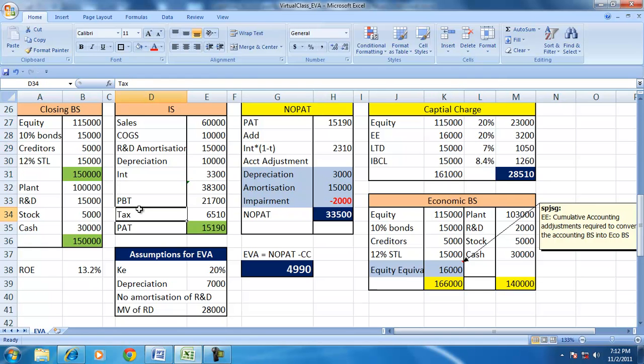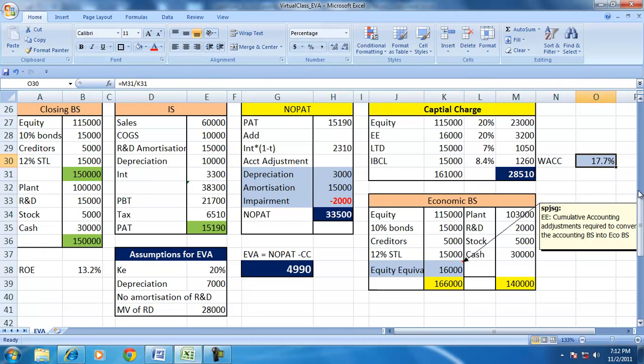So we are not ignoring interest, but removing it from the profit and putting it under the capital charge, and the capital charge includes both the cost of equity and the cost of debt. So the weighted average cost of capital, if we are interested to find the WACC, will be 28,500 divided by the capital employed.